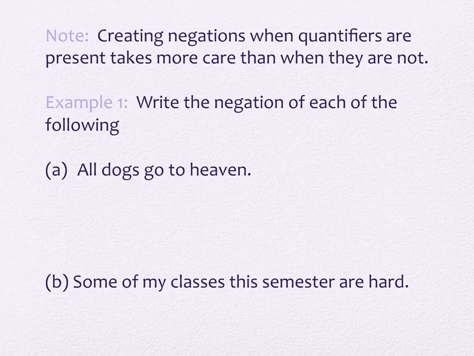in the statement. So if we're looking at this one and we're creating the statement, you could actually say it just like Leah just said. At least one. At least one dog, what?